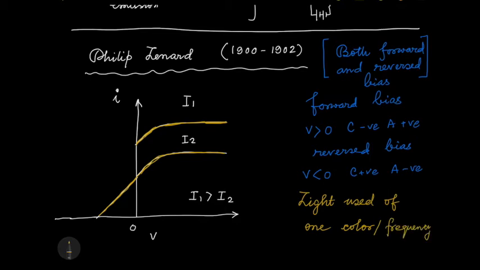And now something mysterious was observed. It's not that only this is going to 0; after that it will remain 0 if you decrease the voltage further. But if I have changed the intensity, I1 has greater intensity than I2, but the frequency is same, then you see that they go to 0 exactly at the same voltage.